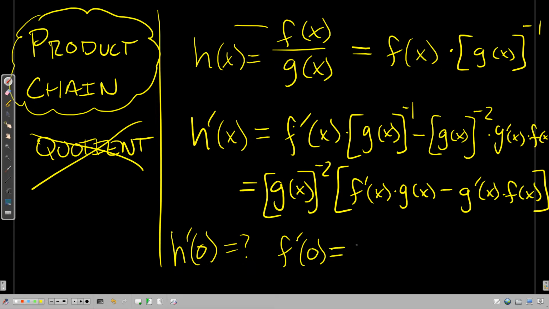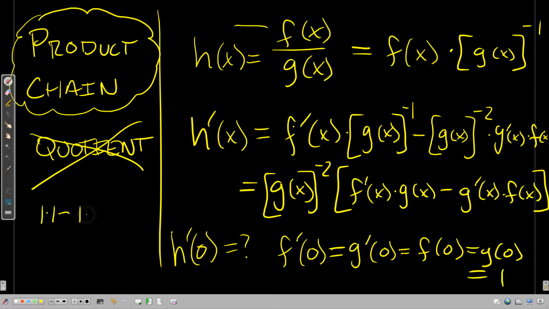F prime of 0 equals g prime of 0 equals f of 0 equals g of 0, and they all equal the number 1. Well, then your answer here would be 0, because it would be looking like 1 times 1 minus 1 times 1 over 1 times 1. That's 0. Okay.